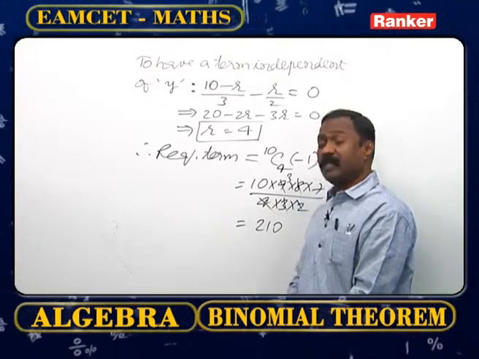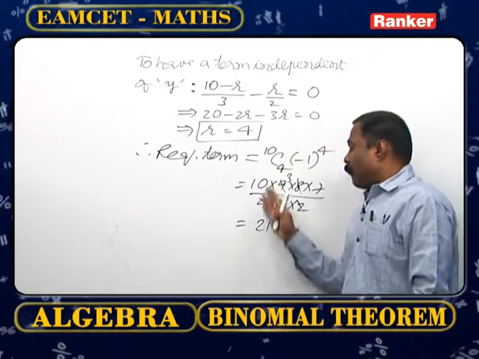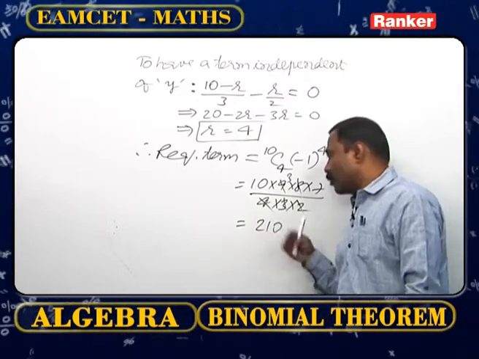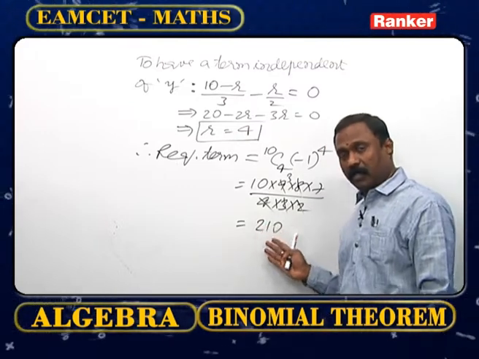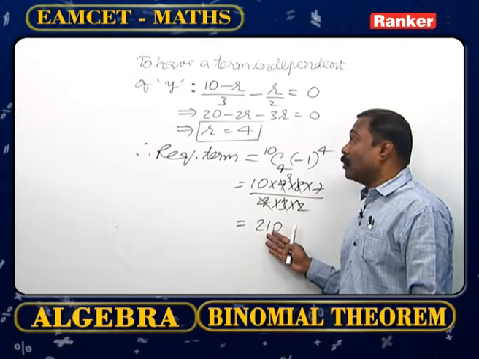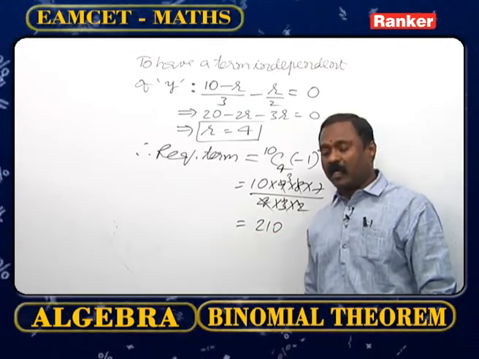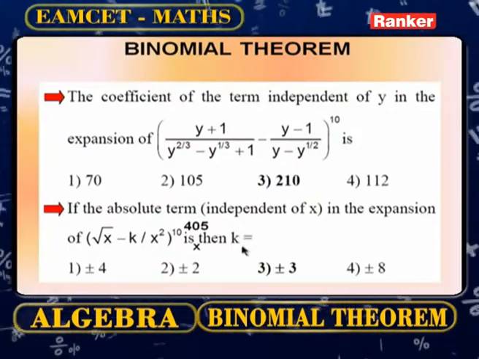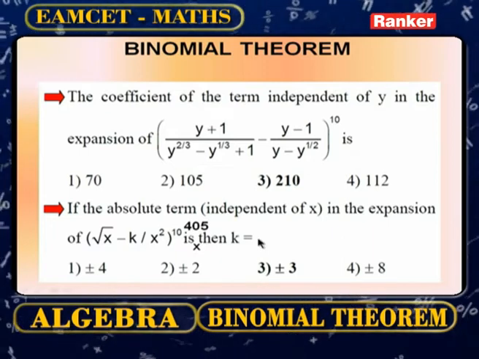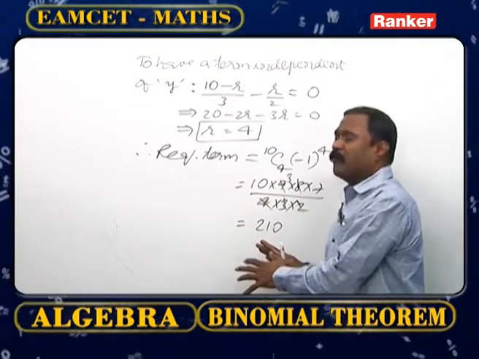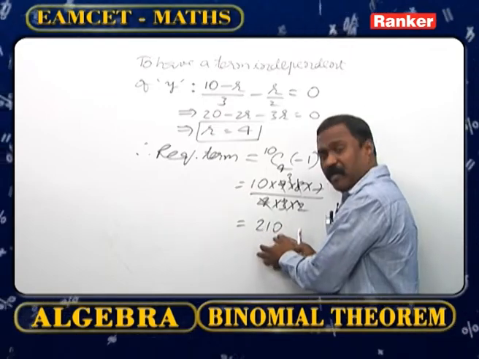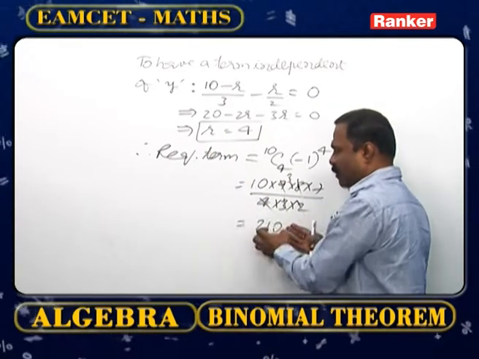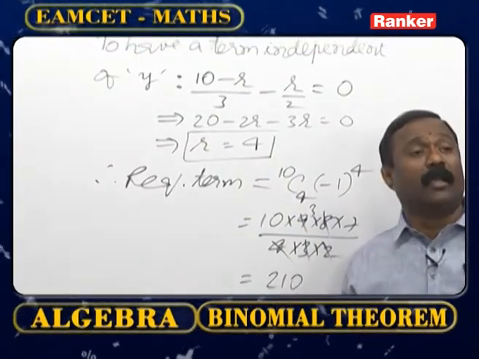So far what we did is, we found the term independent of x, but here it is already given in the problem, and some unknown quantity k is given, whose value is to be found out. It is very simple, the same procedure you follow, write the term and equate it to the given value, then you will get the value of k.